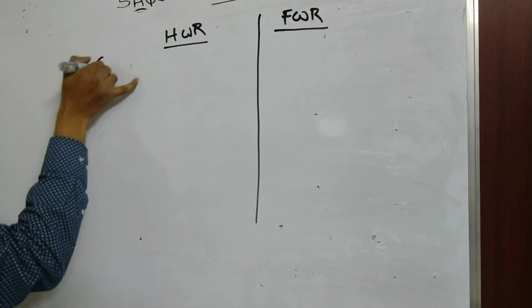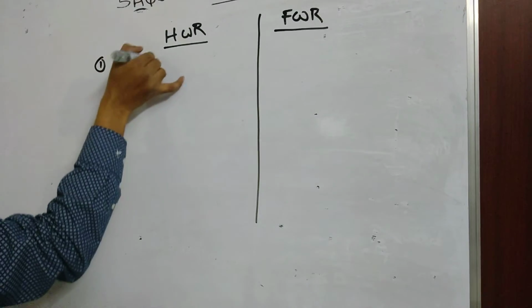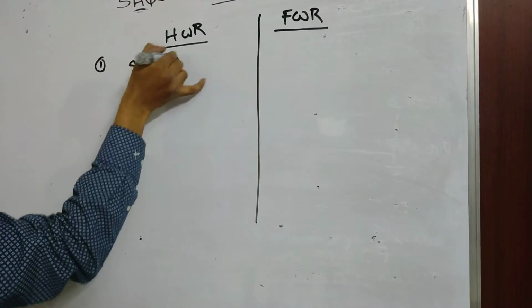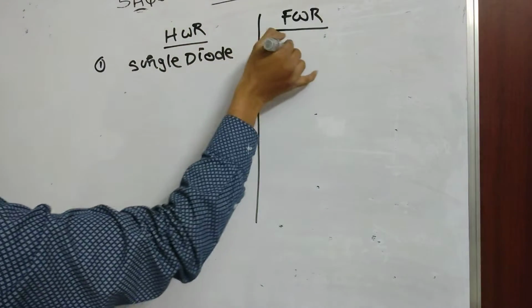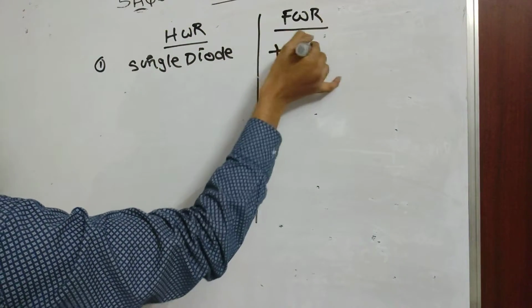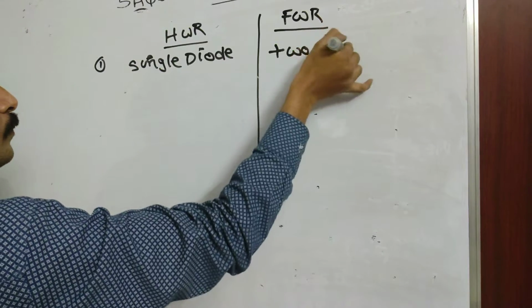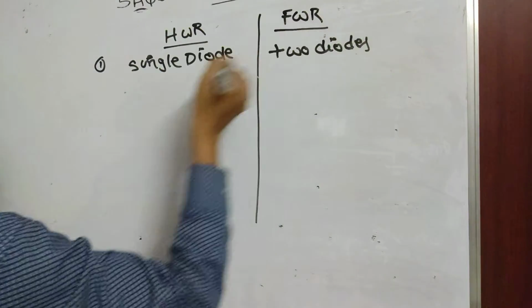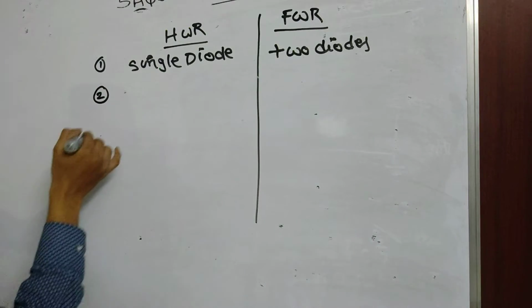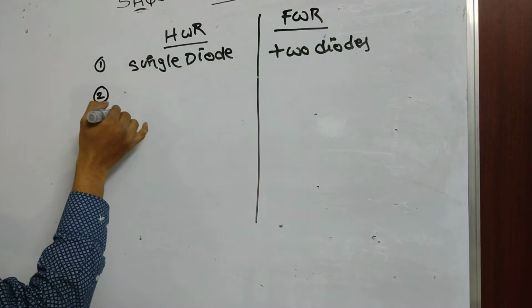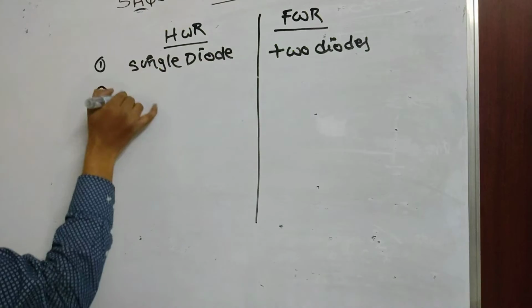Very simple. How many diodes are required? One diode, a single diode. Here, how many diodes are required? Two diodes. Next, here a center-tapped transformer is not required.